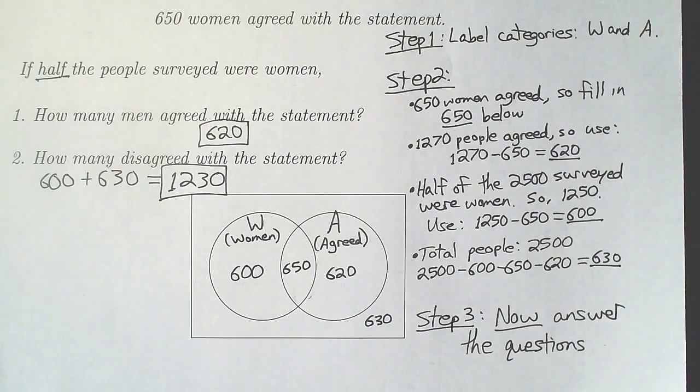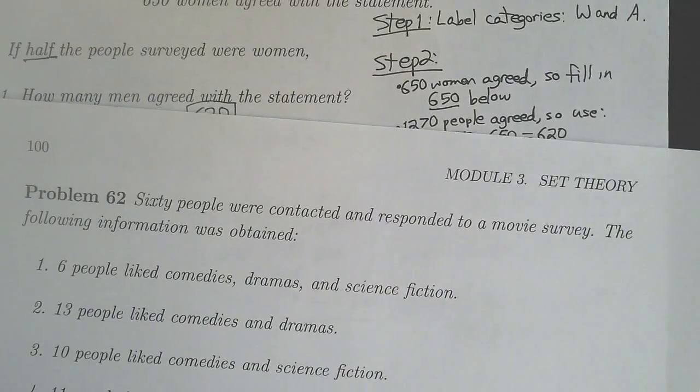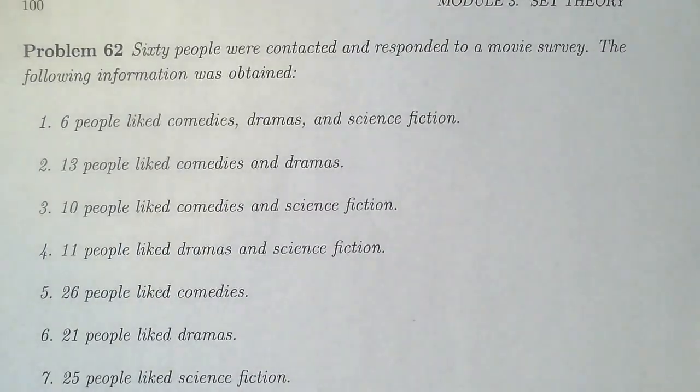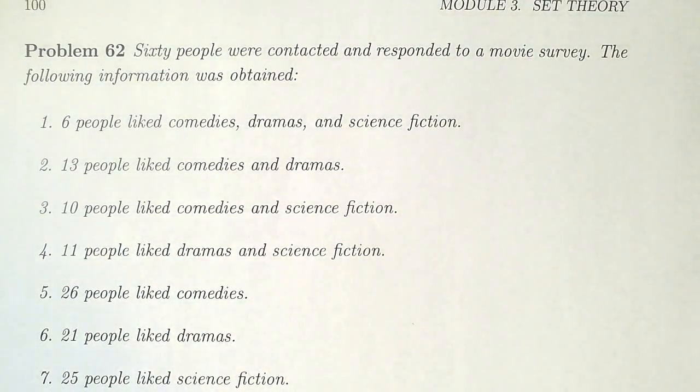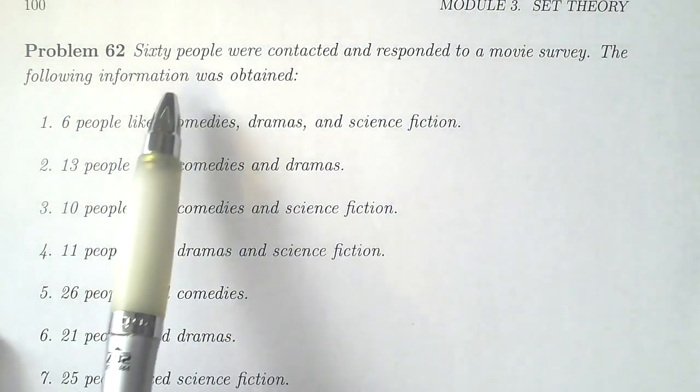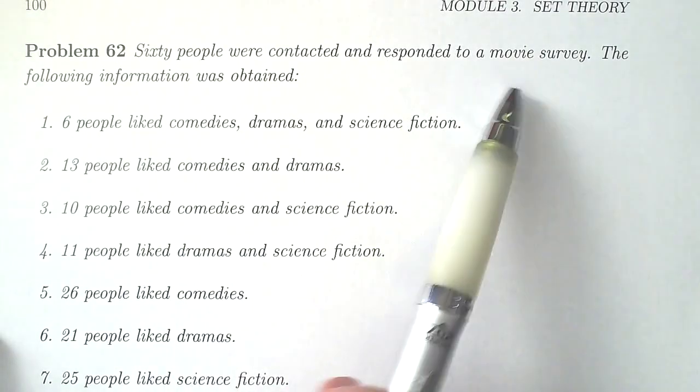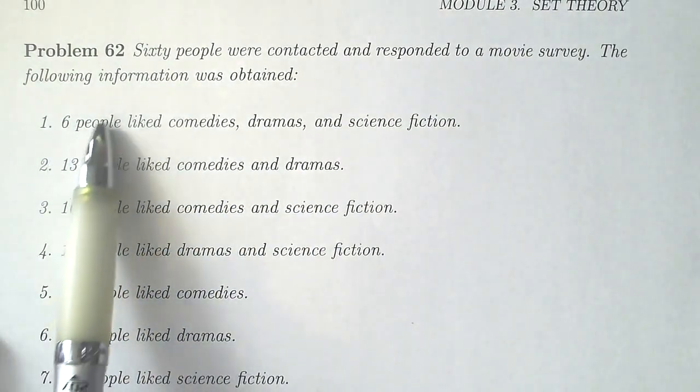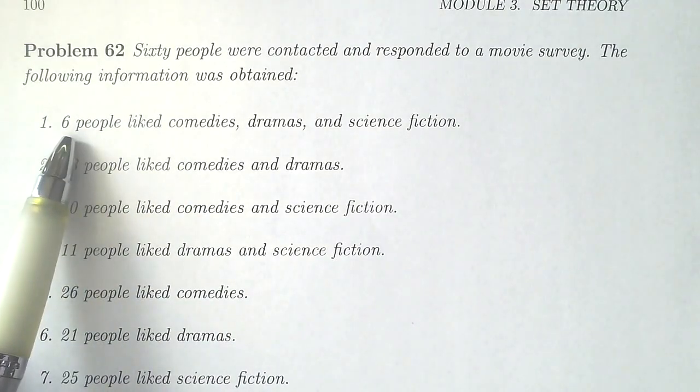Okay, so the rest of this section is just more examples, but what makes the next ones different is now we're going to see Venn diagrams with 3 circles. So let's look at page 100. All right, so this says 60 people were contacted, responded to a survey. Following information was obtained.